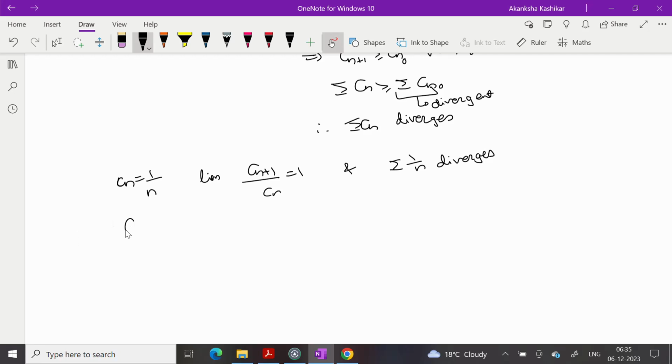On the other hand, if I consider Cn equal to 1 by n square, then limit of Cn plus 1 by Cn is again 1, but summation 1 by n square converges. Hence, when the ratio is 1, the test cannot conclude anything.